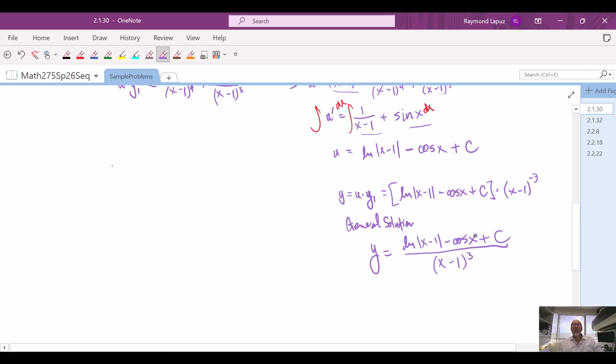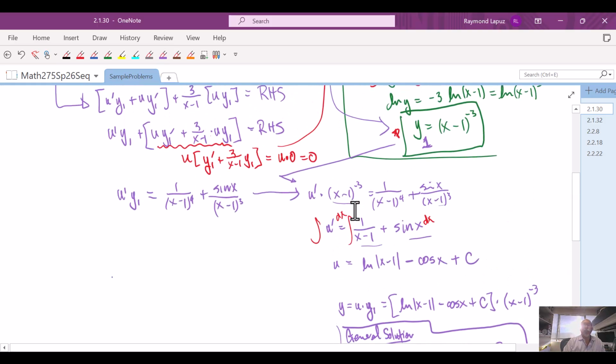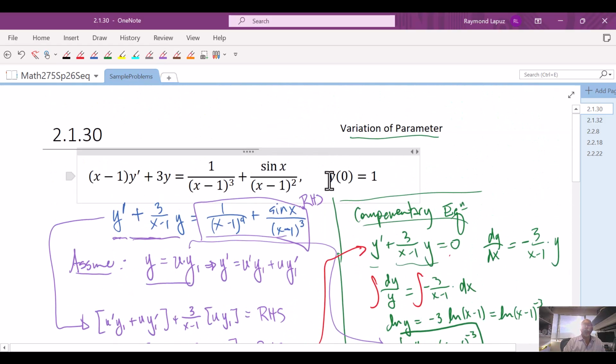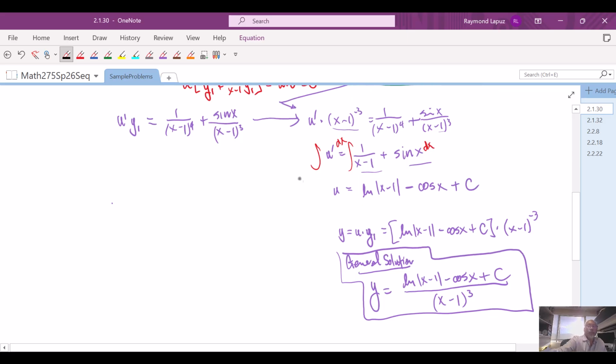Okay, so with this general solution, we would be done if we didn't have an initial condition, but we do have an initial condition, and our initial condition is y of 0 is equal to 1. So let's go ahead and use that initial condition, and that initial condition will help us solve for c.